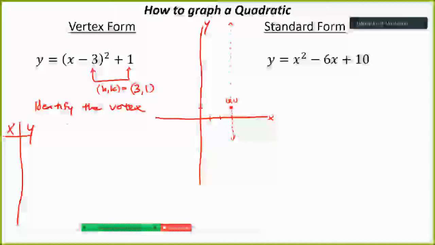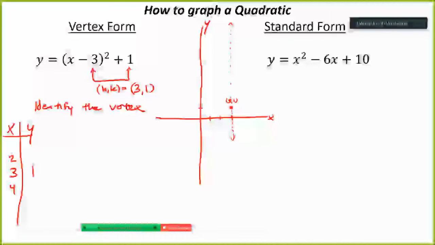We already know one point on our line is 3, 1, so I'm going to put that in my table. Now to do some points in the neighborhood of 3, let's go 1 behind it and 1 in front, meaning 1 lower than 3 and 1 bigger than 3. So we'll plug in 2 and we'll plug in 4 and see how high those points are for outputs.